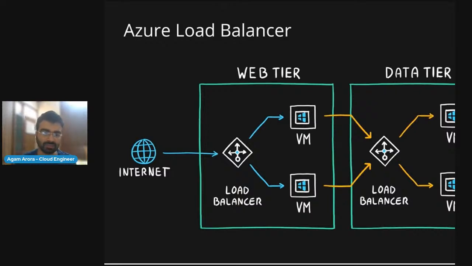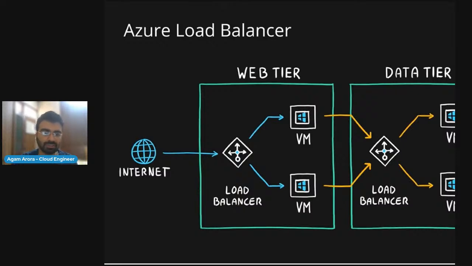One is the layer 7 load balancer in the web tier, and the second one is the internal load balancer, which is in the data tier. Initially we saw that this checks the incoming traffic, and virtual machines are adhered to whatever options we have.